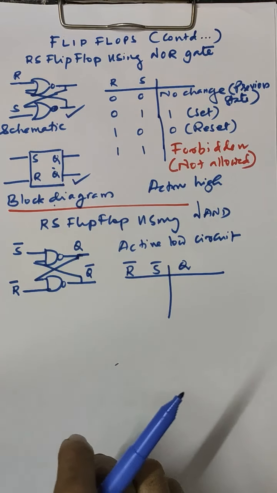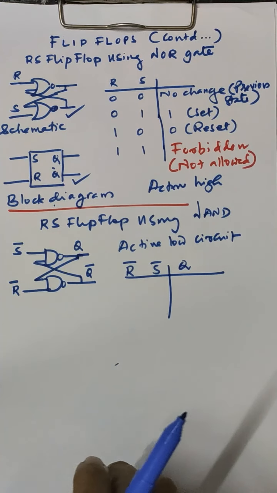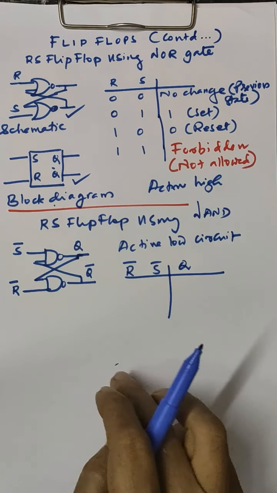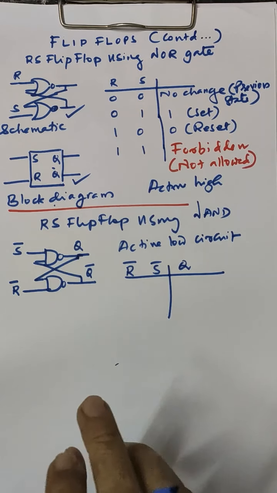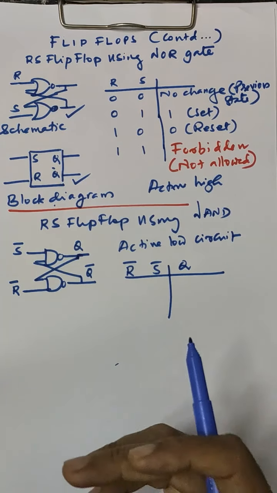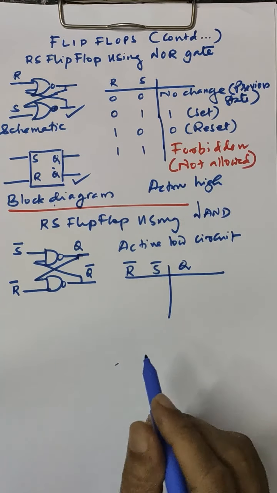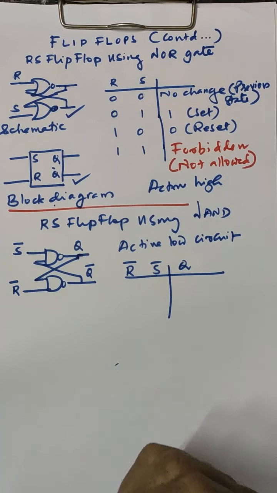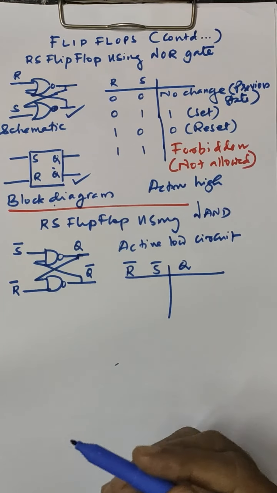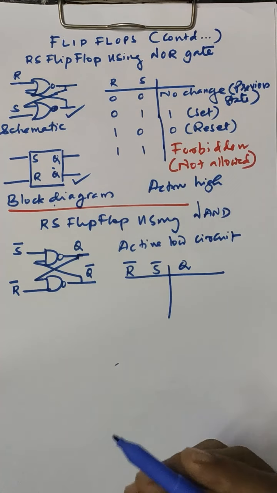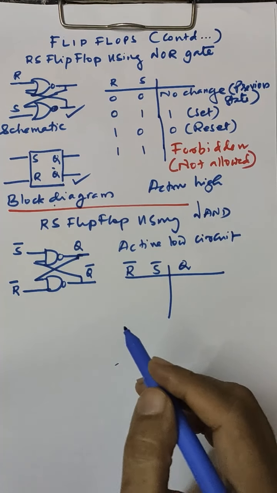In the same way as we discussed different cases of NOR gate, you can analyze the working of an RS flip-flop using NAND gate also. At present I am not going to do that. You can try on your own, and you can see the slight difference.